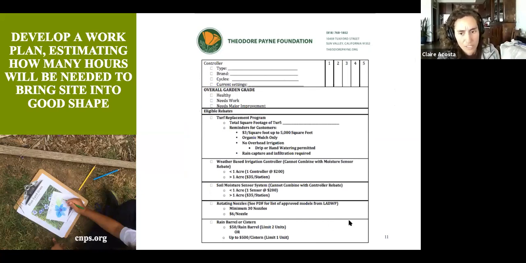Just so you know, on the last page there are the eligible rebates. If you are in Los Angeles, this is helpful for what they could potentially be eligible for. If they're interested, you can say, hey, these are some rebates that you qualify for. So that's your garden assessment.